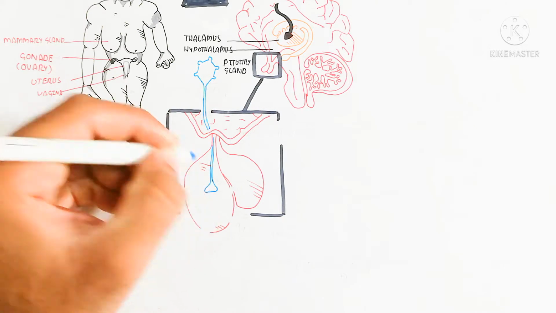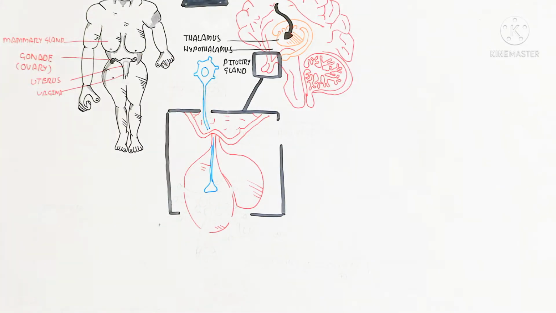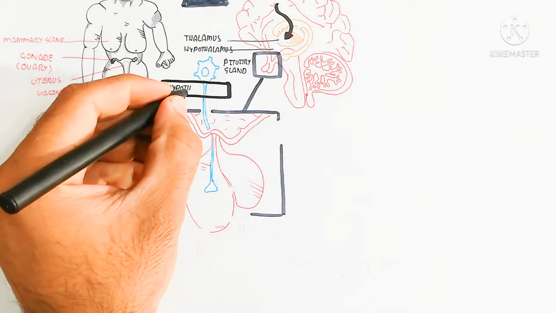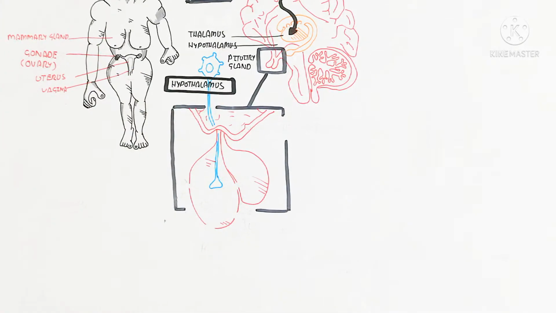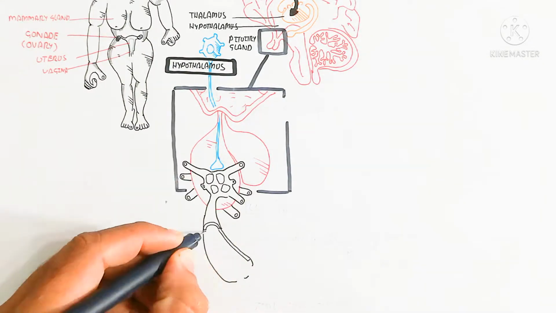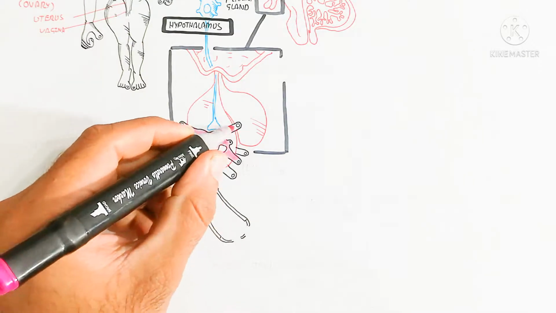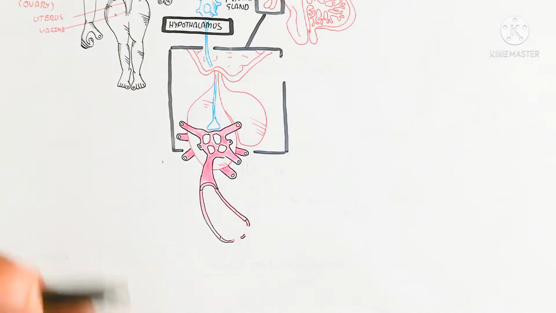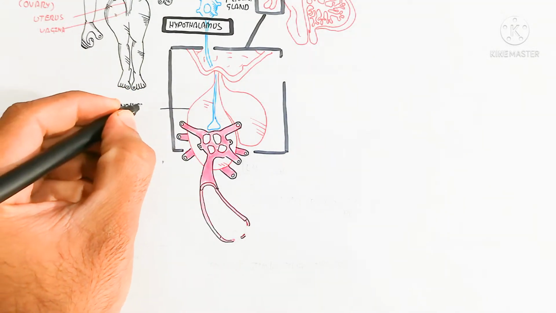In this way, the nerve stimulation from the gonadotropin releasing factor stimulates the adenohypophysis cells, which produce the follicle stimulating hormone. This follicle stimulating hormone is an endocrine hormone released into the blood circulatory system to reach a target tissue.